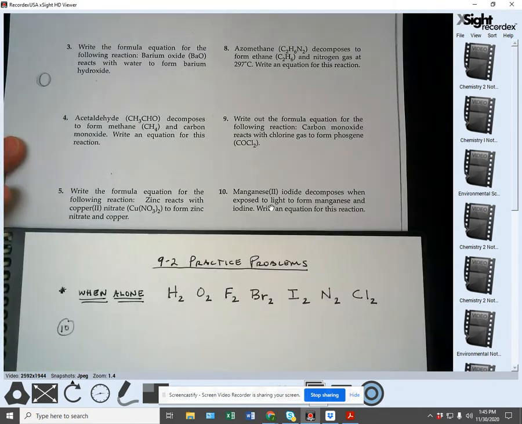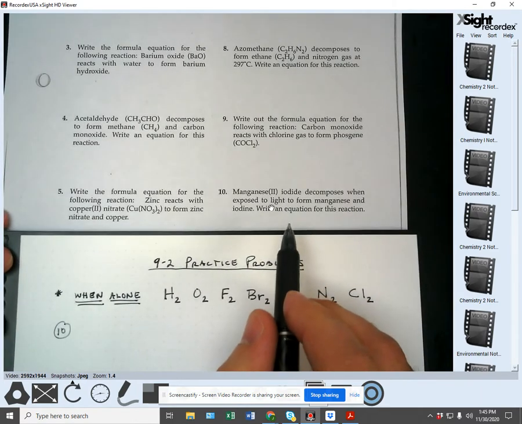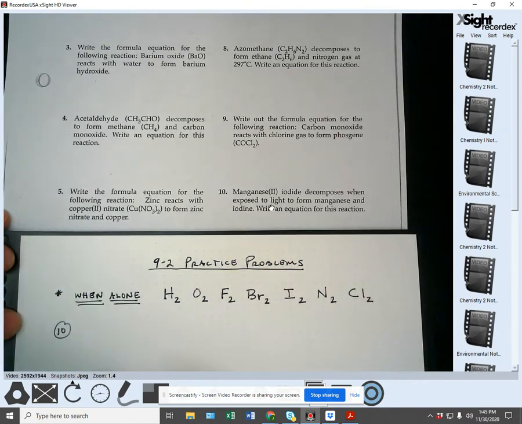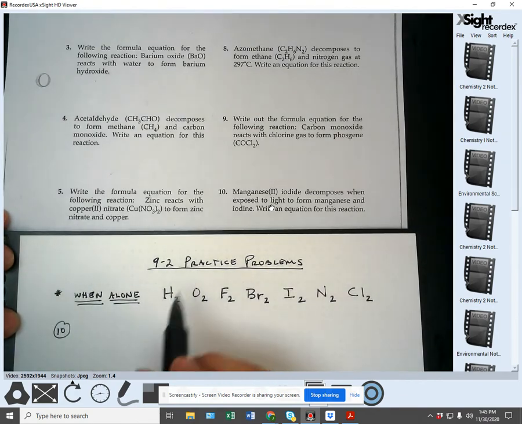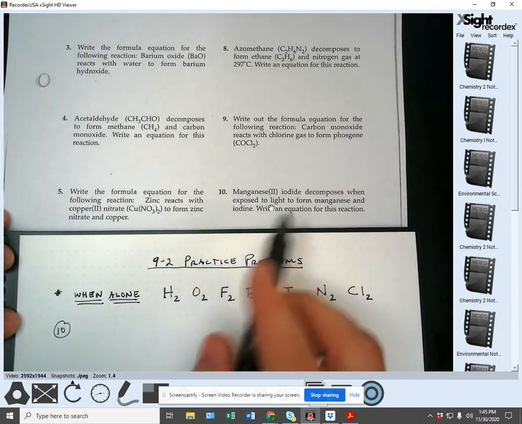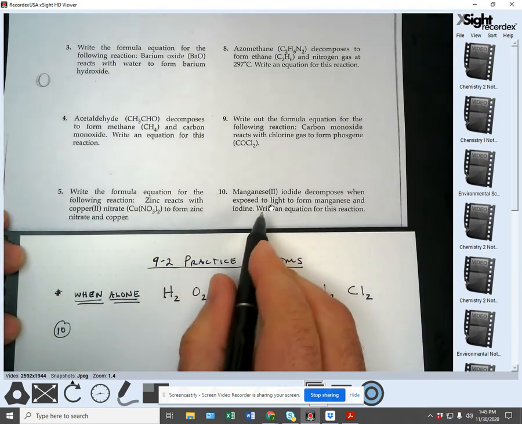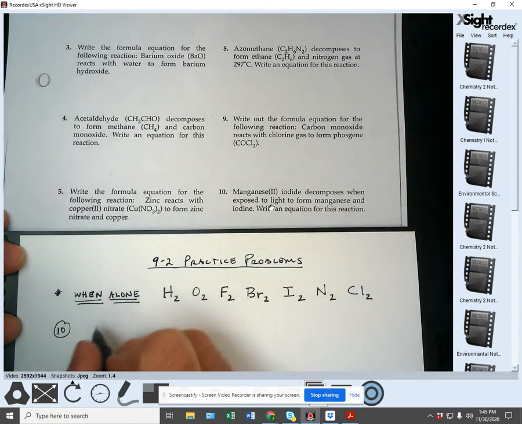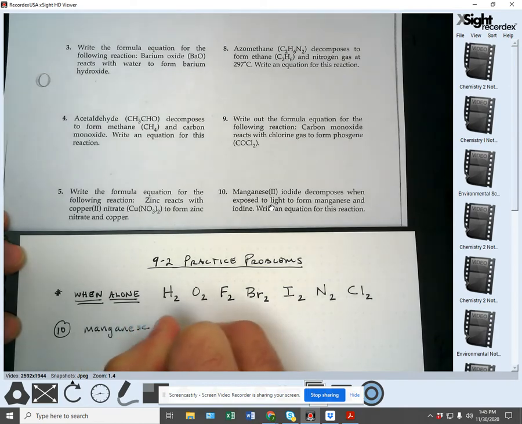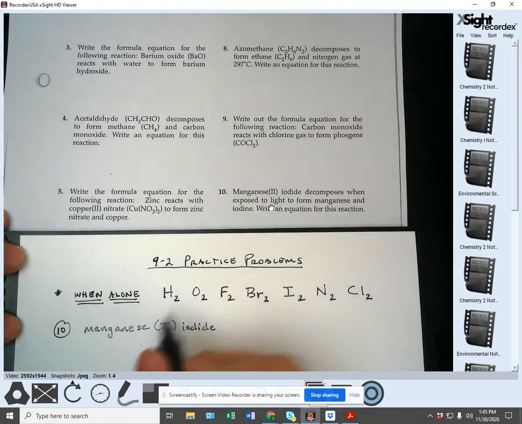Manganese 2 iodide decomposes when exposed to light. So manganese 2 iodide. Manganese is Mn.